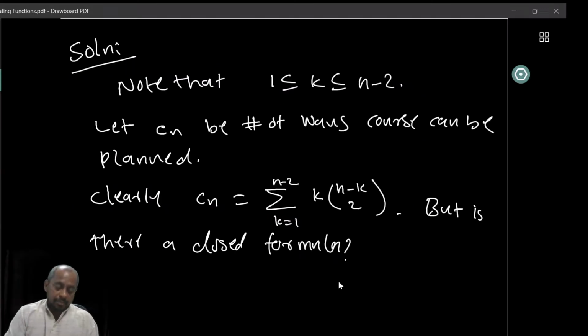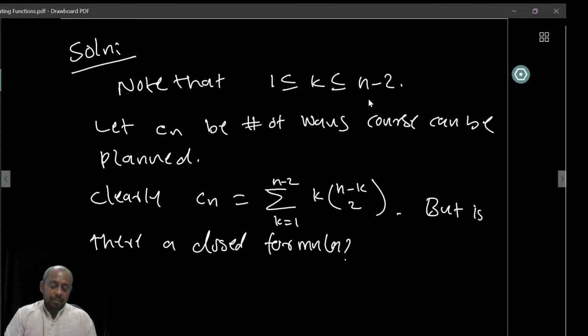Okay, so therefore 1 is less than or equal to k less than or equal to n minus 2, and then define Cn to be the number of ways the course can be planned. Okay. So one can immediately see that by our earlier look at the product relations, you can independently choose one of the k days as holiday, and from the remaining n minus k days you can choose any 2 days as your lab days, right?